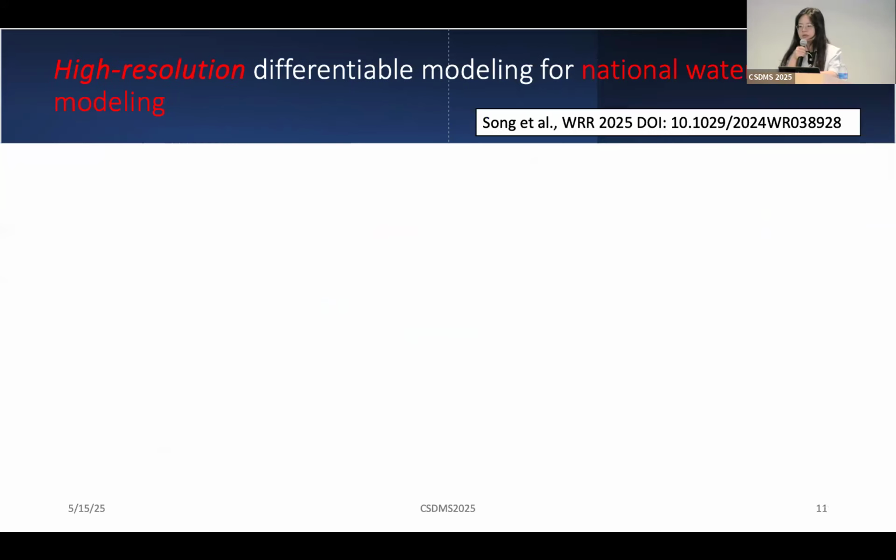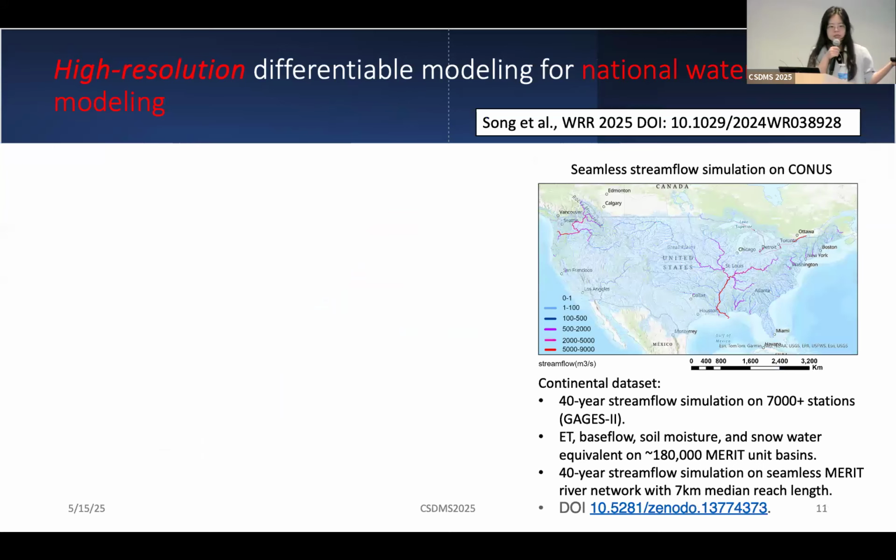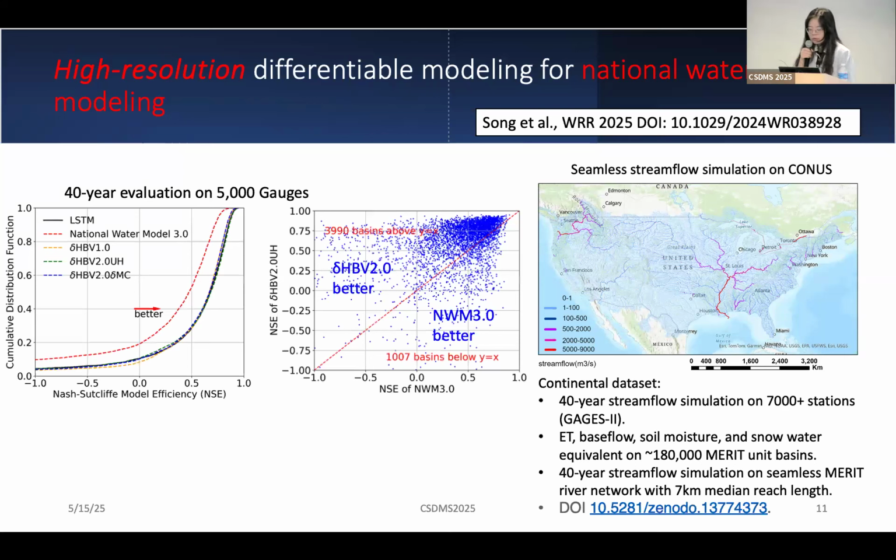So with this model, we provided a 40-year streamflow dataset that is seamless on the MERIT river network with a 7 kilometer median river length. We also provide other hydrological variable simulations like ET and baseflow in more than 180,000 MERIT unit basins.